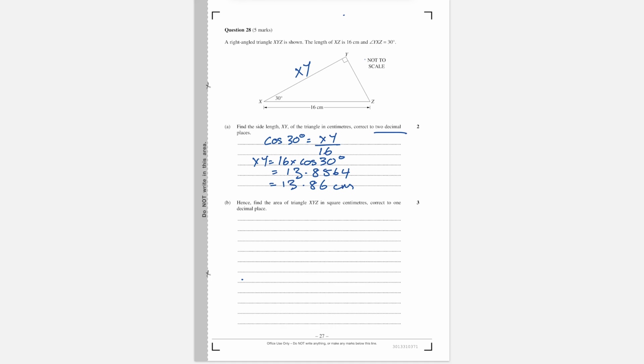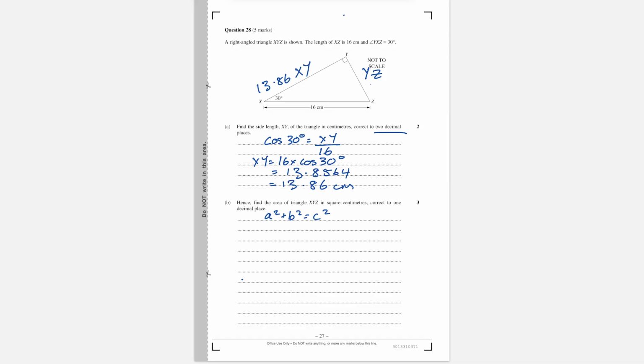it's simply going to be half base times height, but we don't actually have this length, YZ. And what we're going to do is use Pythagoras to get it. So this one is 13.86. And we're looking for YZ. So a squared plus b squared equals c squared.